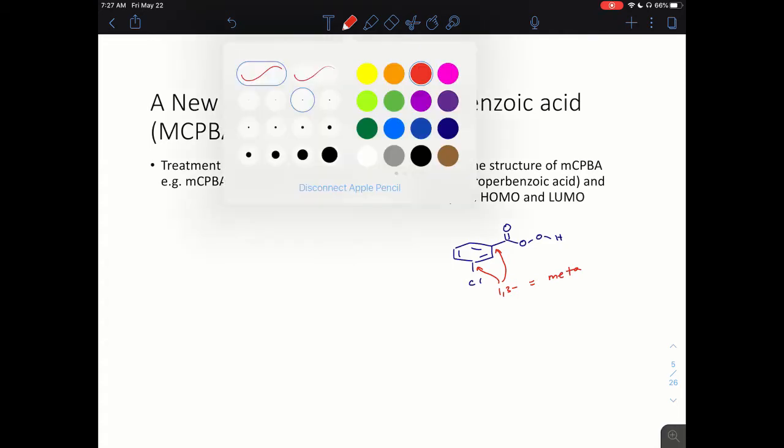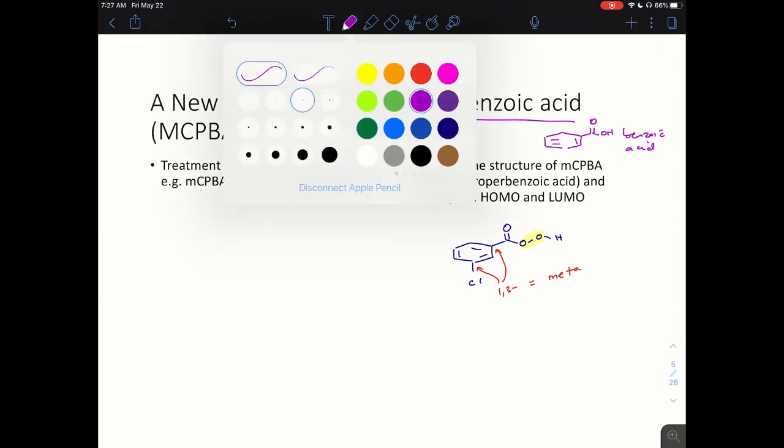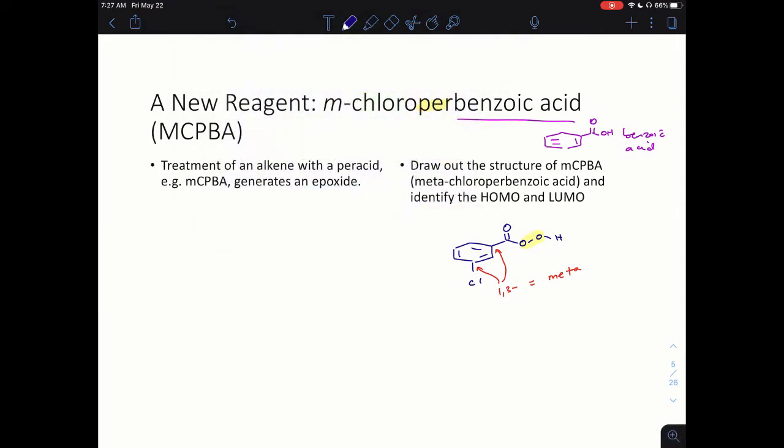The benzoic acid part refers to this being a derivative of benzoic acid, which is this molecule. And finally, the per comes from the OO bond. So this molecule is metachloroperbenzoic acid, which we will henceforth abbreviate as MCPBA.